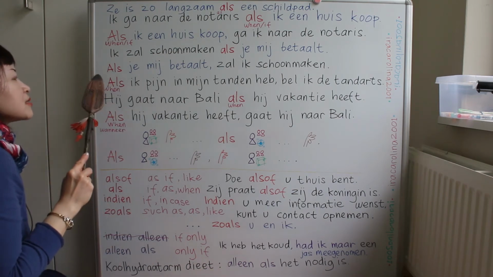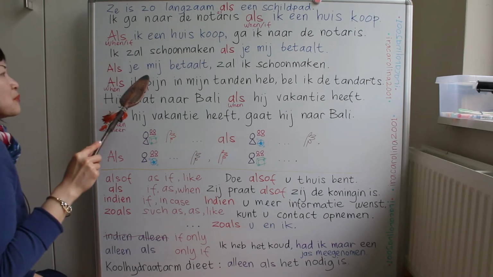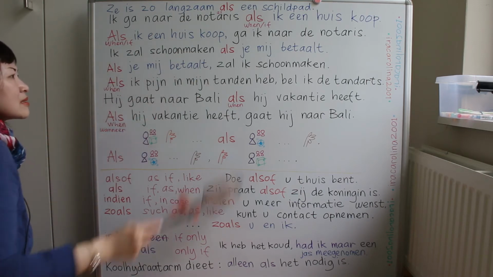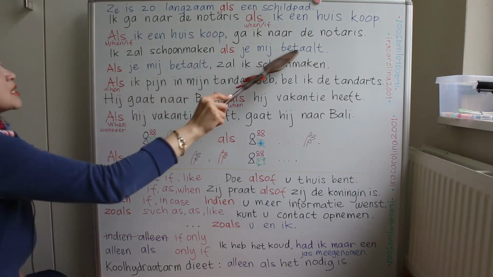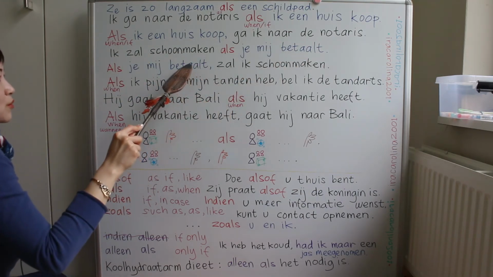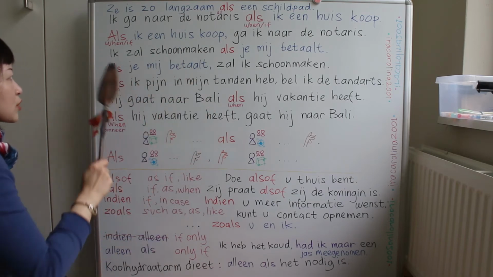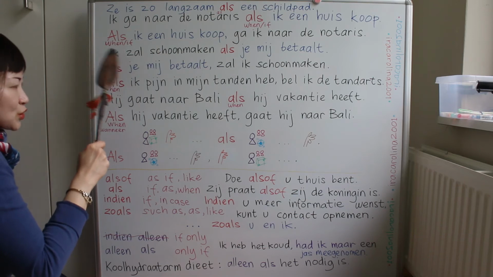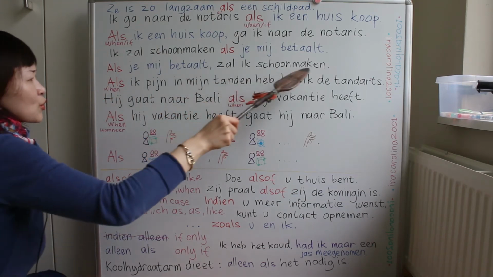Now we use the als in the beginning of the sentence. Als je mij betaalt. Same with this one. The verb at the end. This one also. And then we put a comma. We switch these two words. Zal ik schoonmaken.